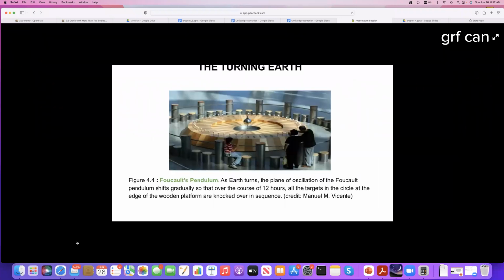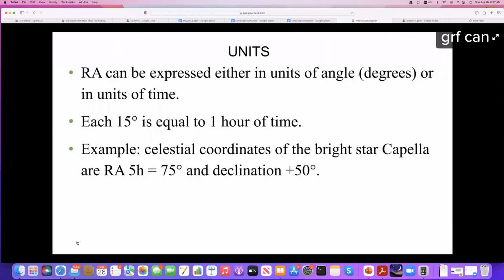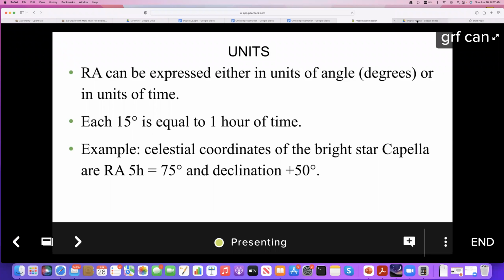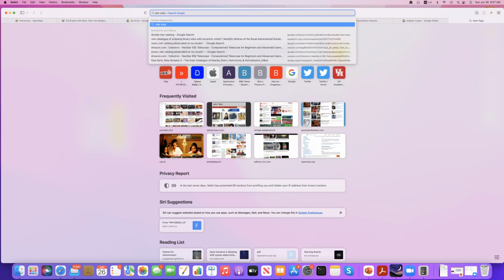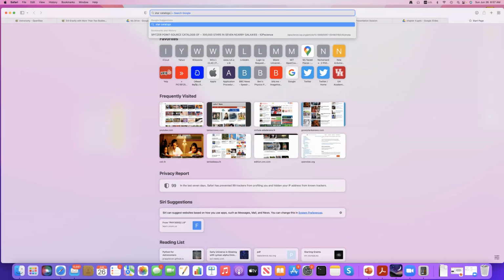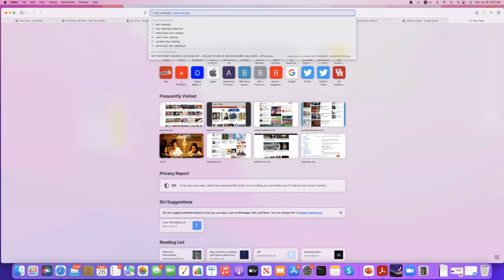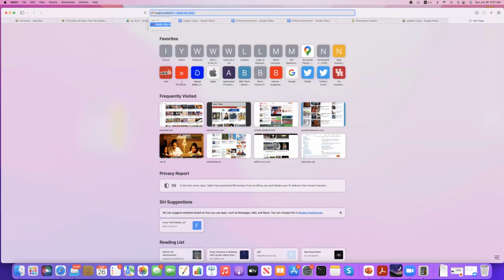Right, so just keep that in mind, and let me see whether I can show you some of these examples. There are online star catalogs and object catalogs in the sky.